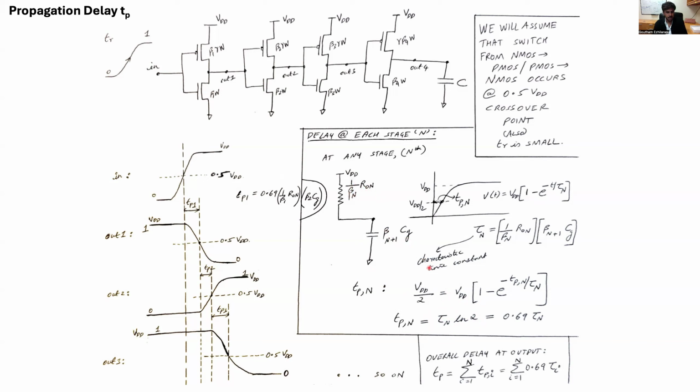And so, how would that look in the circuit, in a graphical format? The input is going to go from 0 to VDD, and let's say 0.5 VDD occurs at some time as indicated here.